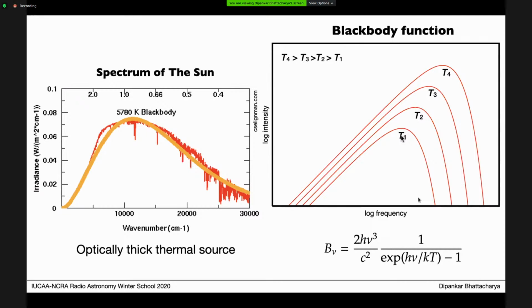It's h nu close to kT. That's where the peak occurs. So if you take frequencies which are much smaller than kT over h, then the intensity is less. If you take frequencies which are much larger than kT over h, then again the intensity is less. So let's remember this property of the blackbody function, that its peak is determined by the temperature, and the intensity goes down on either side.